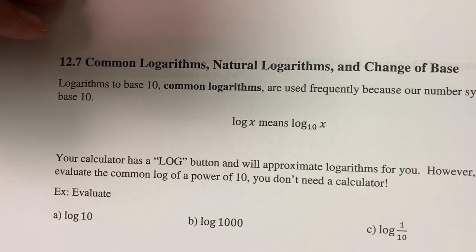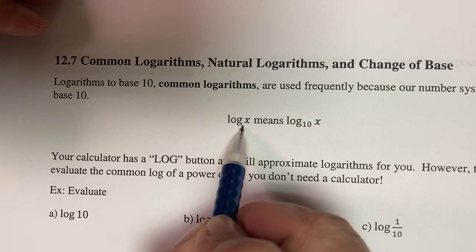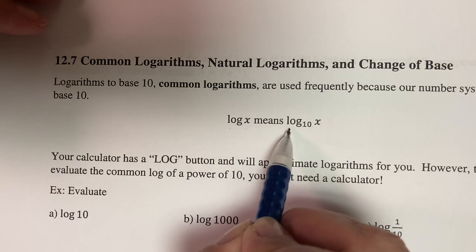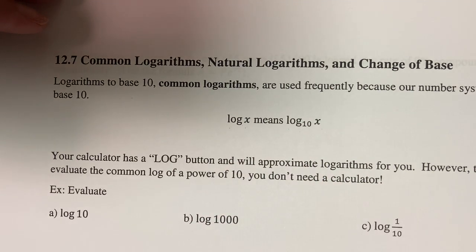Because it's an understood thing that common logs are always base 10, we don't write the base in there. So if you just see the log of x, it means the log base 10 of x. And again, it's because our number system that we use in the United States is base 10. So that's why those are common logs.